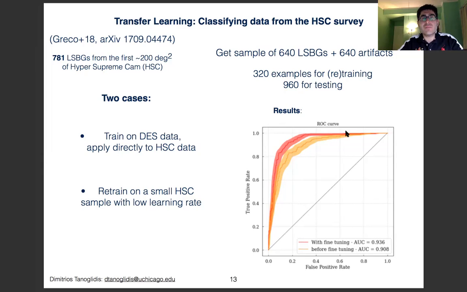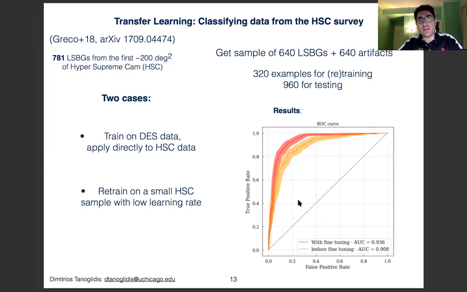And you can see again from the false positive rate versus true positive rate curve that the performance after fine-tuning is significantly improved. Although both are very good, both reach an area under the curve of more than 90.